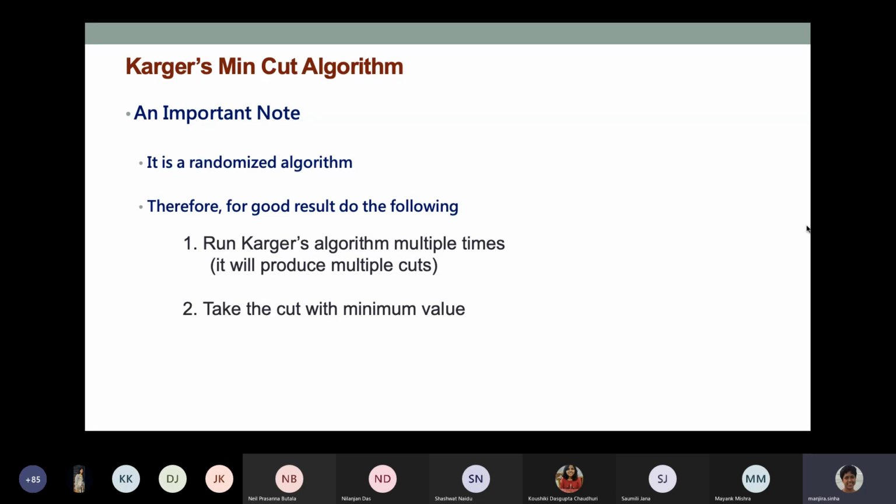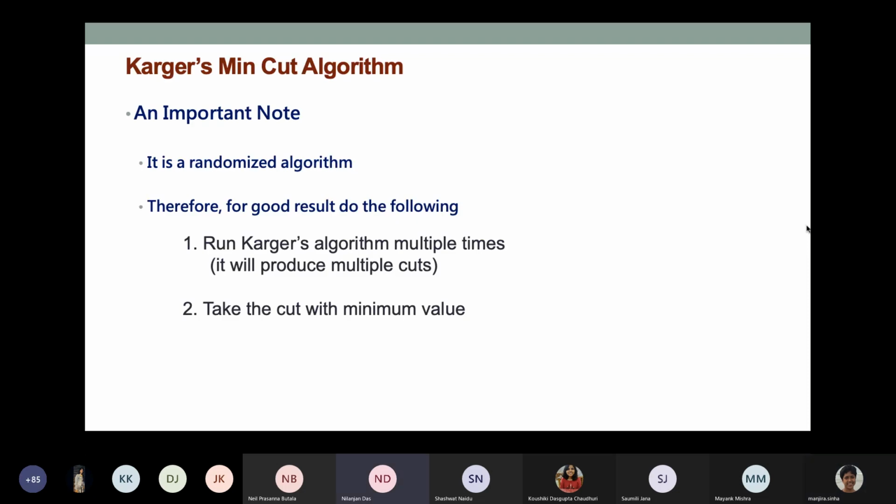So if we are not considering the probability, just any random choice, then after running it multiple times, we need to take the one with the minimum value, which is what we come up with using the edge connection probability.